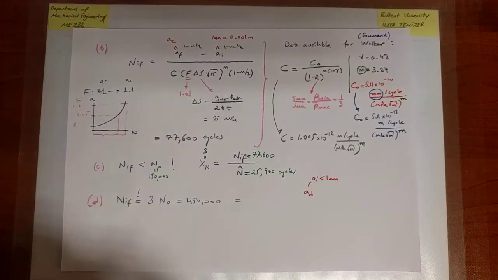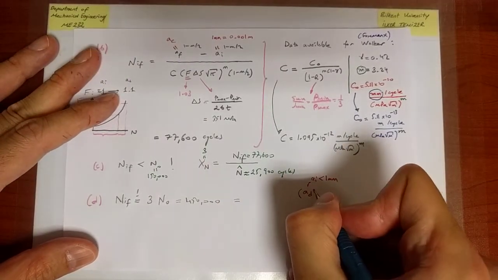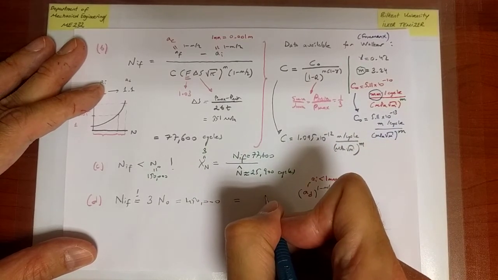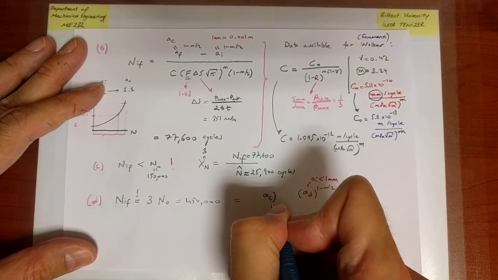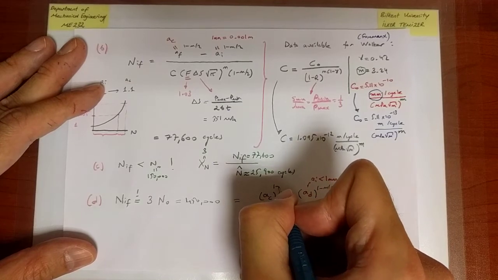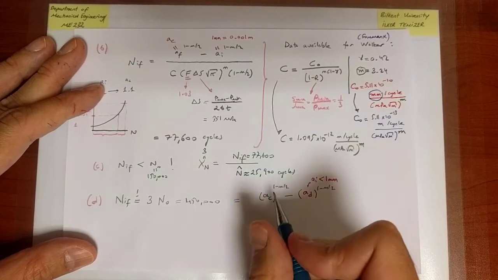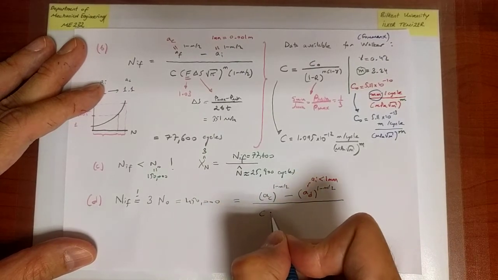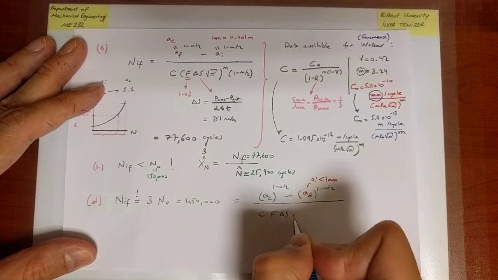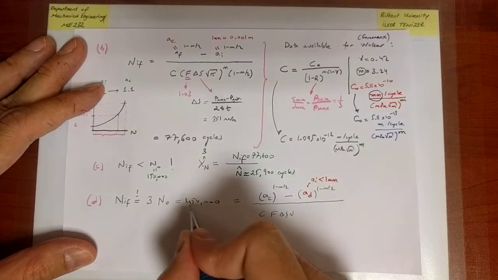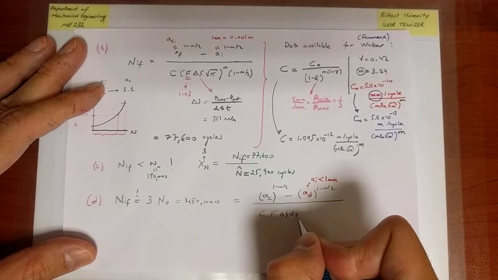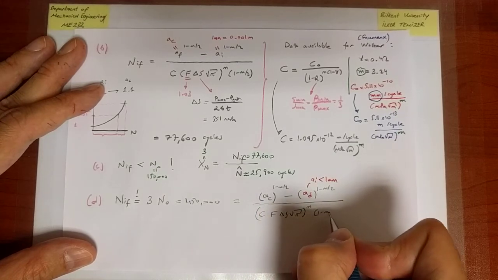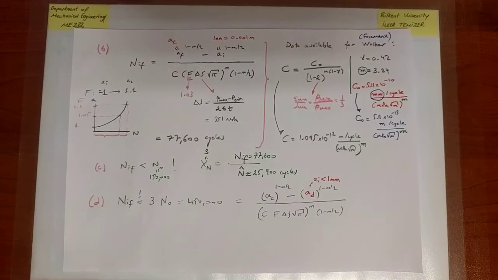I want to determine that value so that when it grows to the final crack size, and the final crack size is always the critical crack size, that doesn't change, the number of cycles it takes for that to happen is equal to NIF 450,000, where the expression for NIF is this, right?